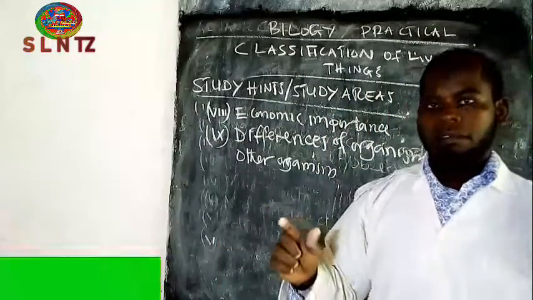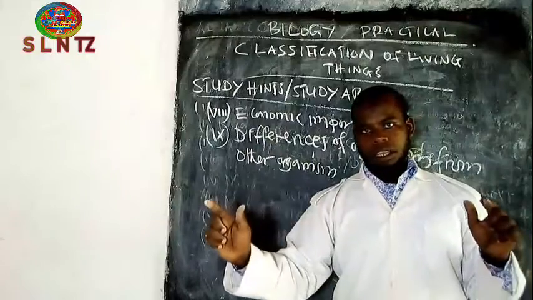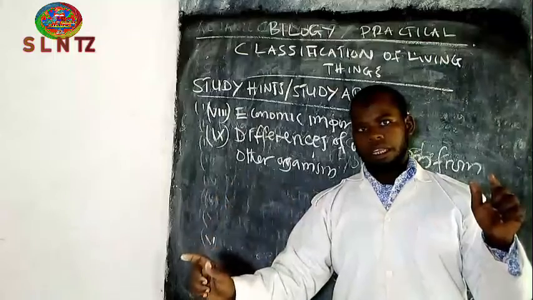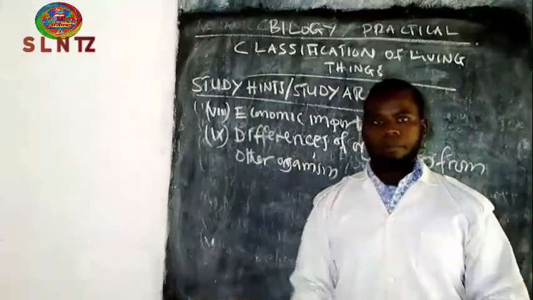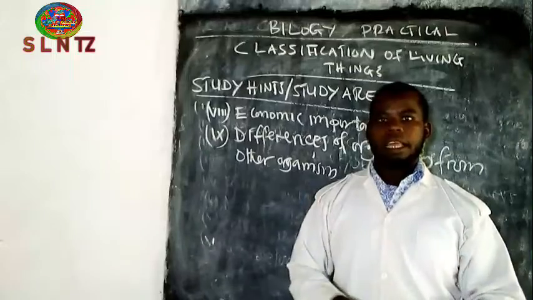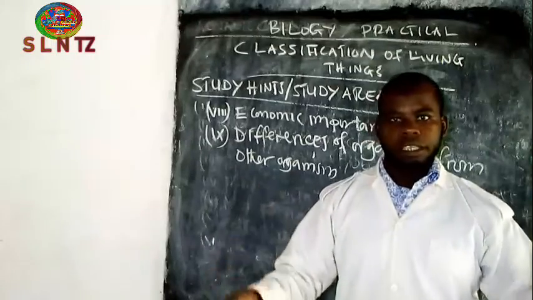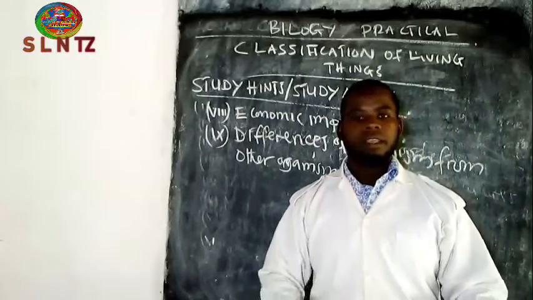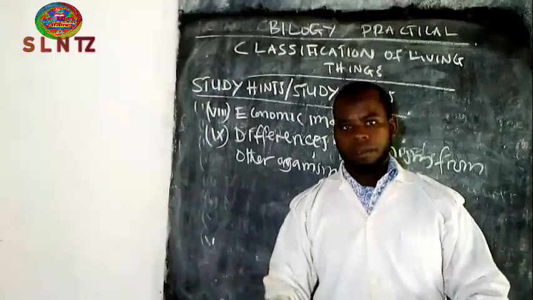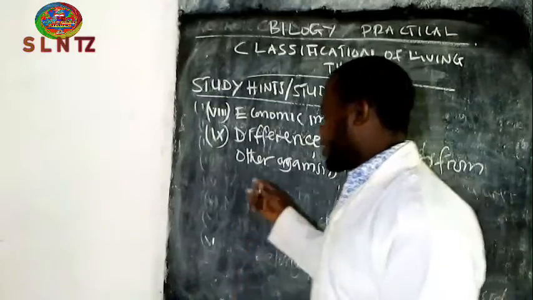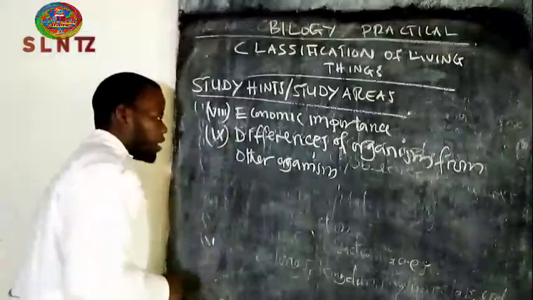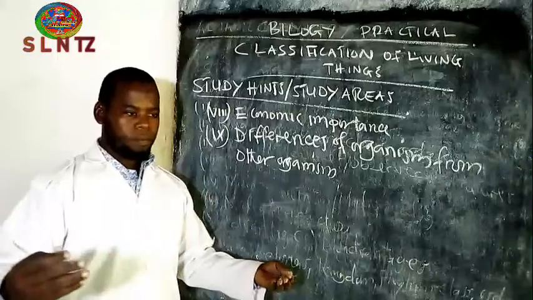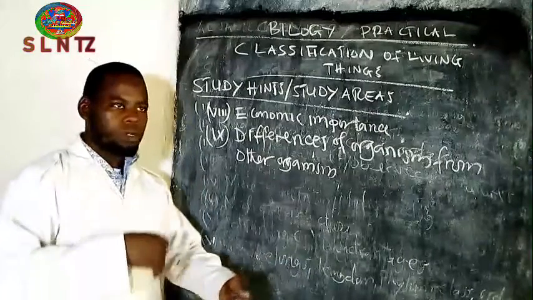So when you are studying, you have to consider what is the difference between specimen X and specimen D, or specimen A and specimen B. Then when you meet the questions you will answer freely, and you will enjoy. That is number 10.